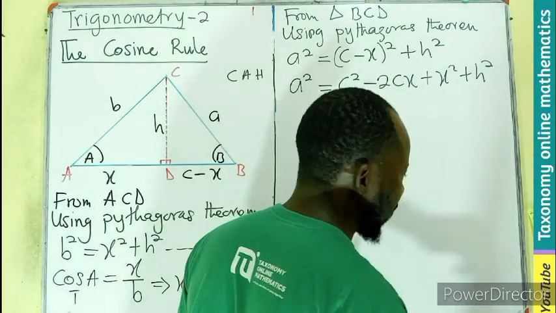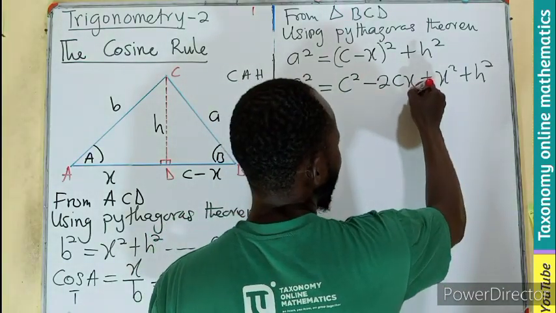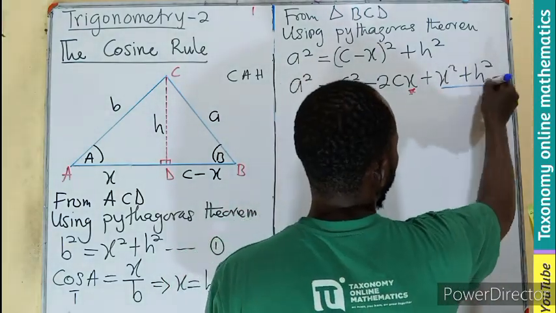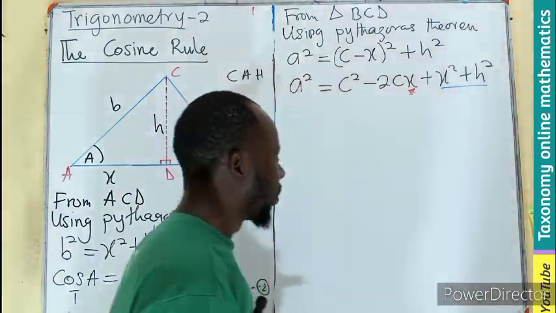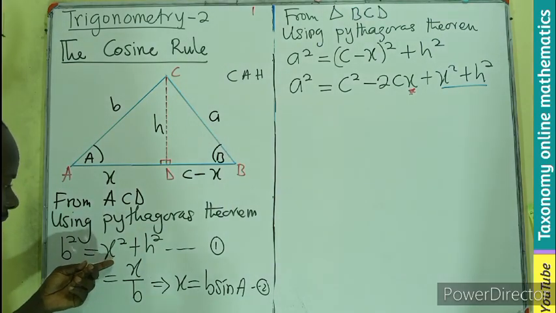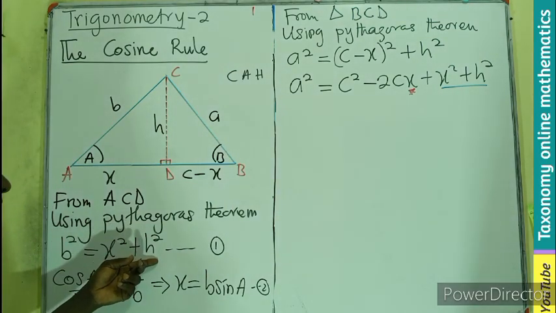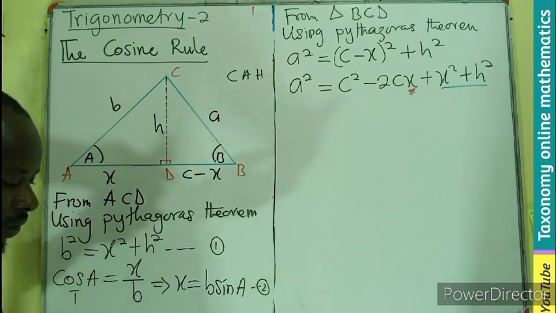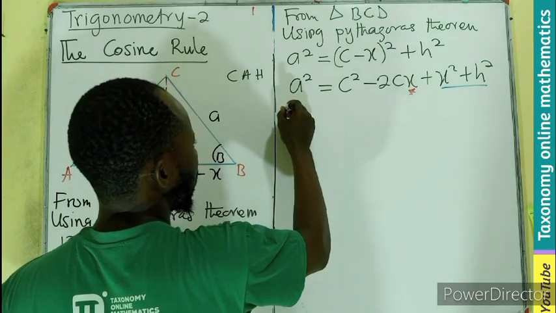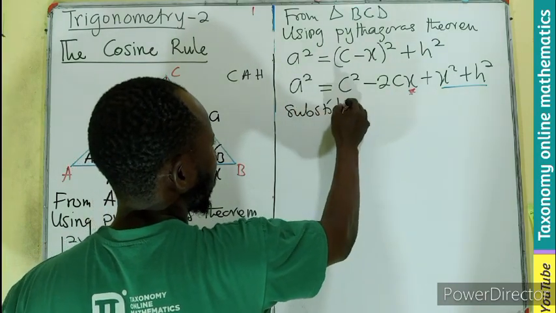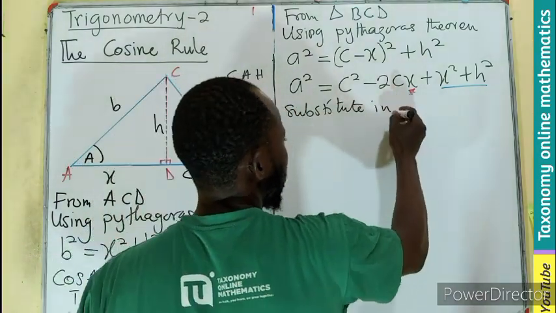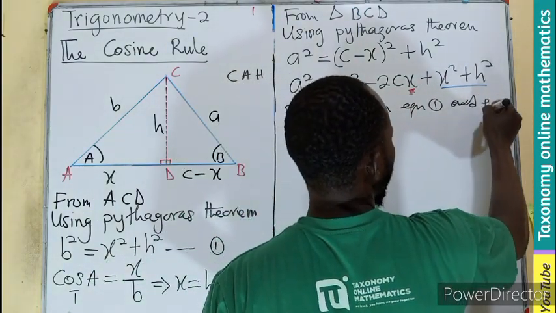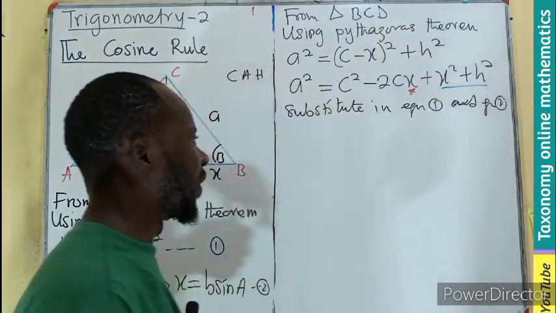If I check carefully, I can see that there is an x value without a square. I can also see that x square plus h square is in the first equation as b square. The x without a square is in terms of equation 2. So let's substitute equation 1 and equation 2 into this equation 3.